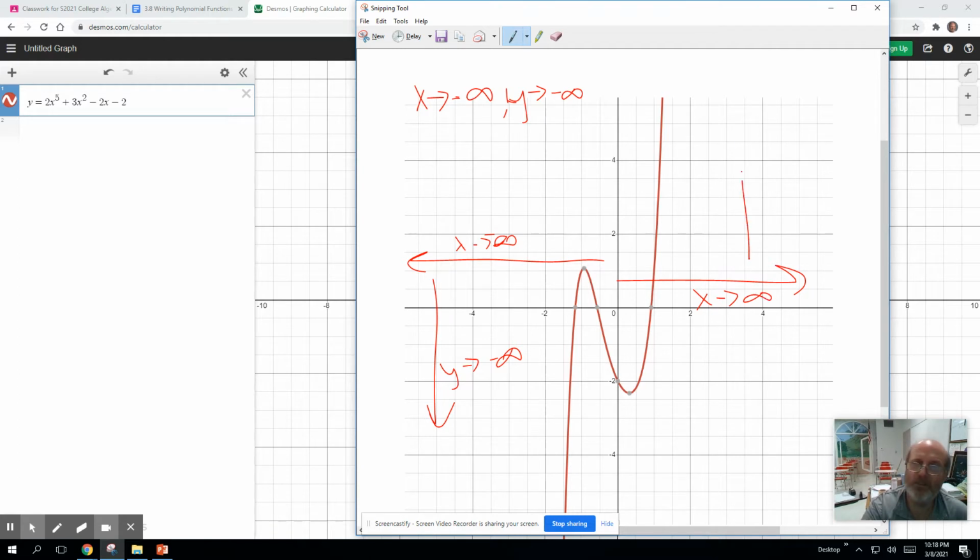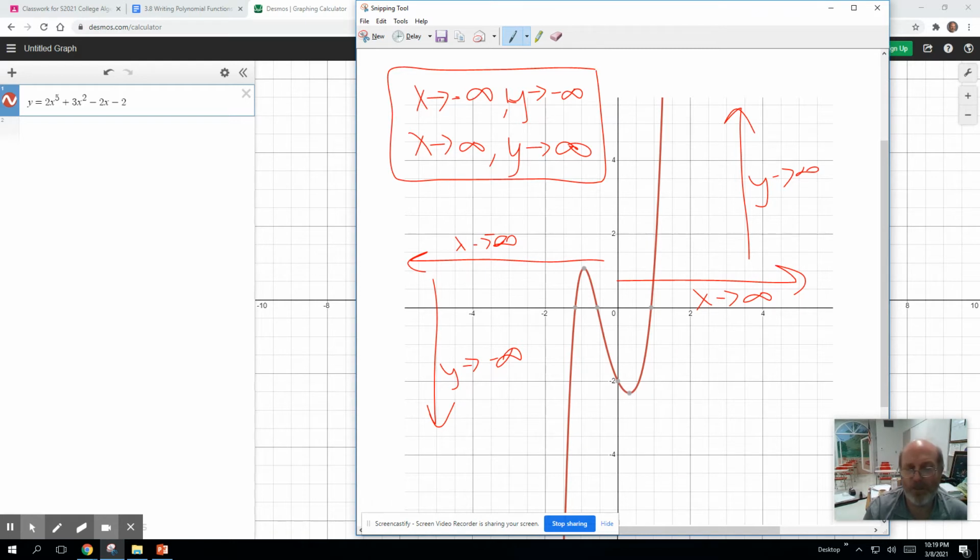Which direction are the y's going? Again, they're going up. So the y's are going to positive infinity. When I write this, I always consider x goes to negative infinity, x goes to positive infinity, then I decide what my y's are doing in each of those directions. This is an odd degree, positive leading coefficient. This is the end behavior and how we write that for the graph.